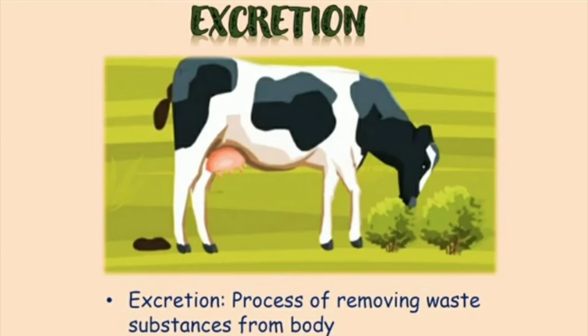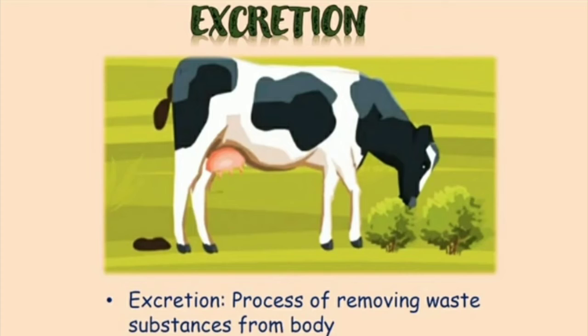Children, the waste substances which are formed during many processes that take place in the bodies of animals are called excreta. What are they called? Excreta.